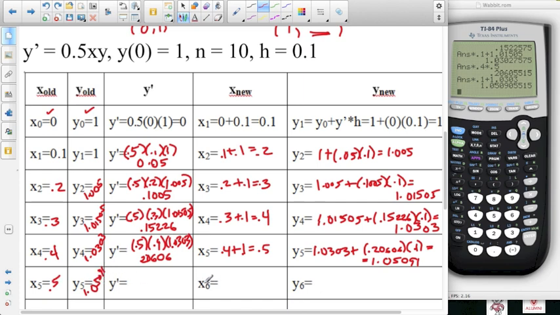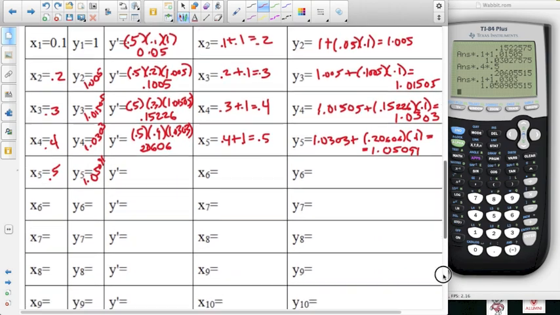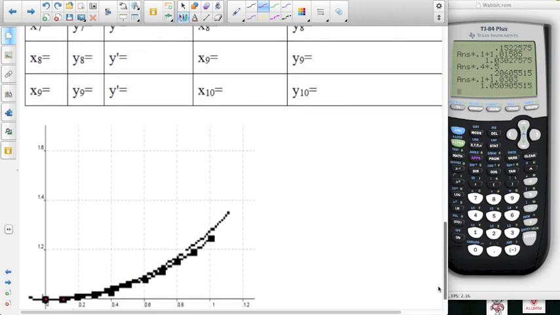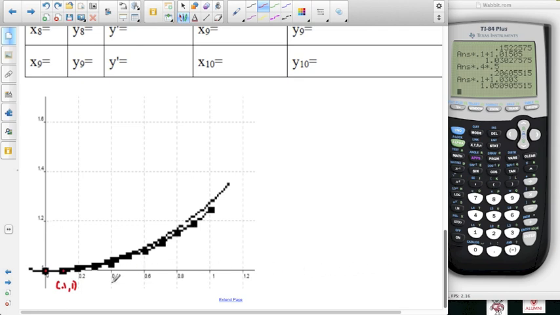So at this point, I'm at 0.5, and I'm at a new value of 1.05091, and I could continue at this point, but I think we're just going to scroll down and look at that just to see where we are at 0.5. So here's 0.2, here's 0.4, so this is 0.5 right here. As you can see, we're starting to have a deviation from the actual.